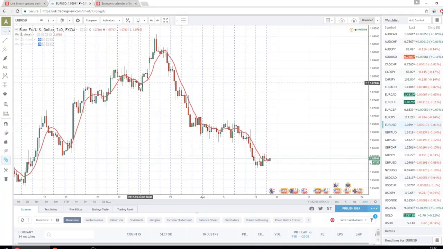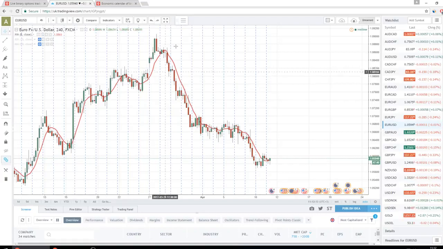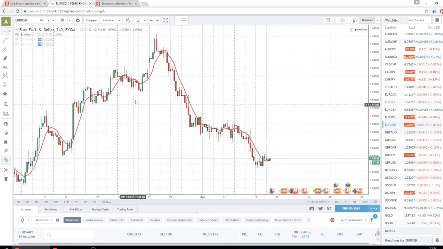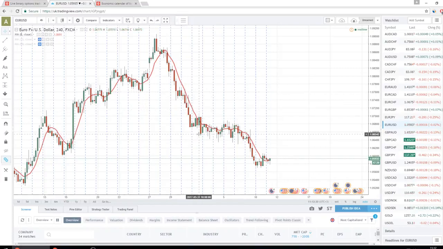If they are below, it means that the trend moves down. Simple as that. When the moving average crosses the candles, it means that the trend can change, and at that time we need to pay attention to the further events and changes of the market.